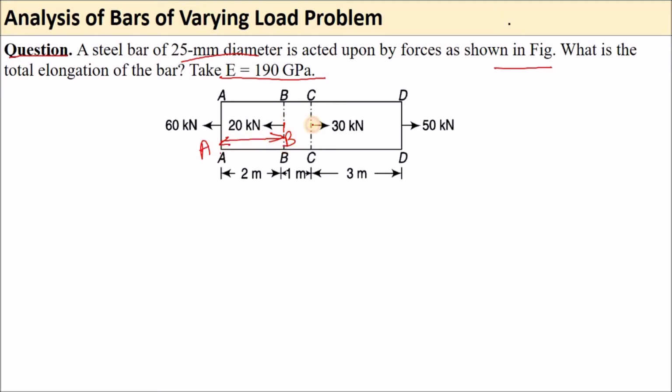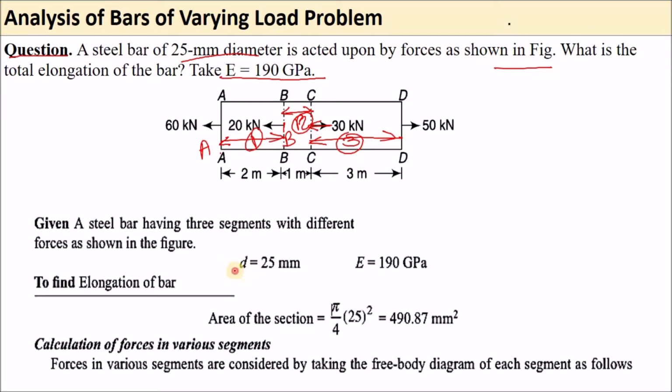At this portion another load is acting, so from here to here is another section, 2. This one will be 1. And at point C one force is acting, so we can divide this as the third section. Total 3 sections we got. Then we will solve the problem. Let's go for the solution of the problem.